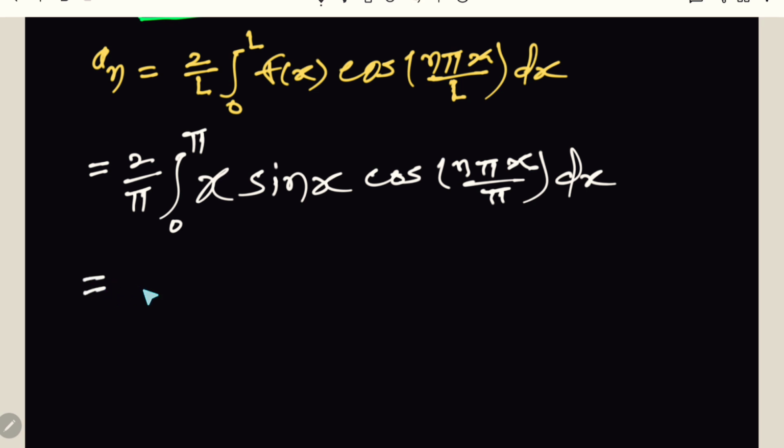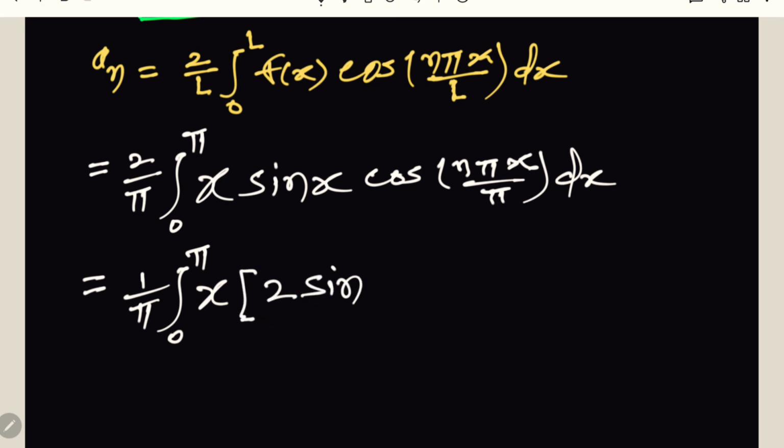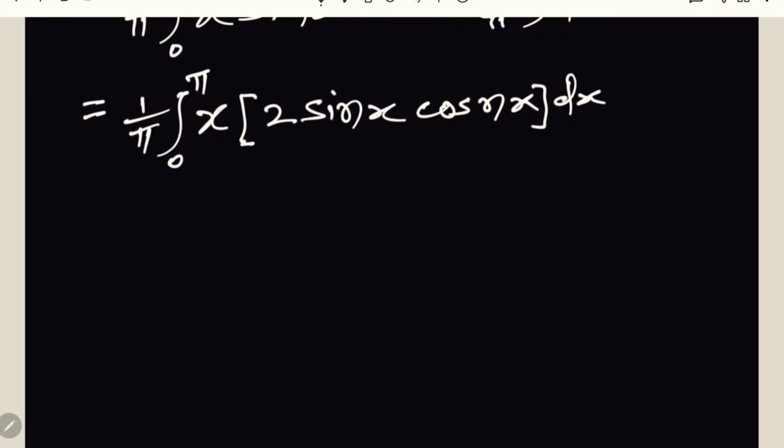Simplifying it further or rewriting it, we get 1 by pi. The 2 we are taking inside the integral sign, x as it is, multiplied by 2 sin x into cos of nx. This product of two trigonometric terms we convert into a sum by applying the defactorization result. We know that 2 sin a cos b is sin of a plus b plus sin of a minus b.